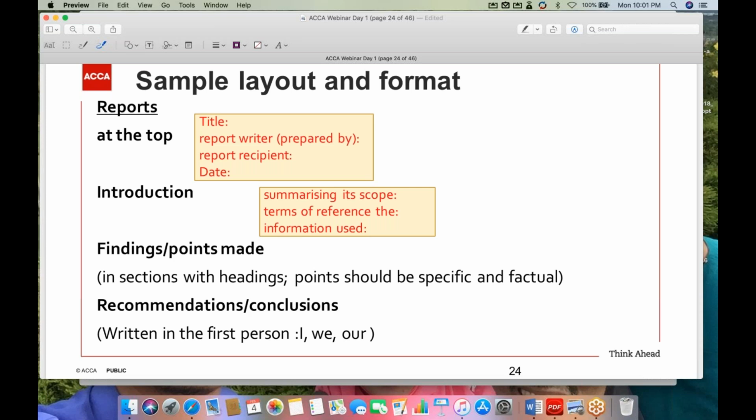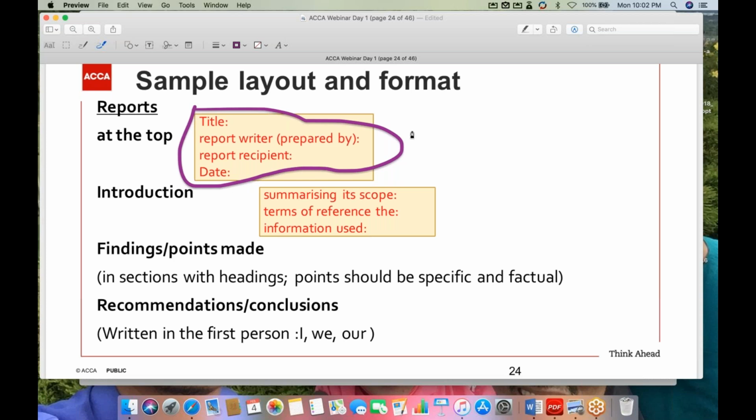All right. So this is your report. Let's say this is a report. So at the top of your report, you need to have this: your title, and the report writer. That means if you're preparing it, you should be putting your name there.